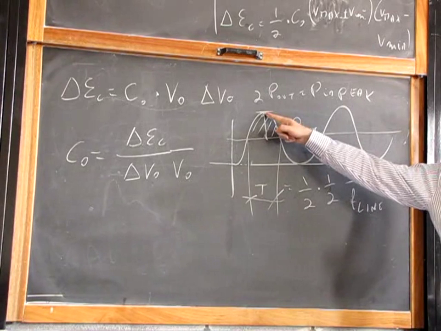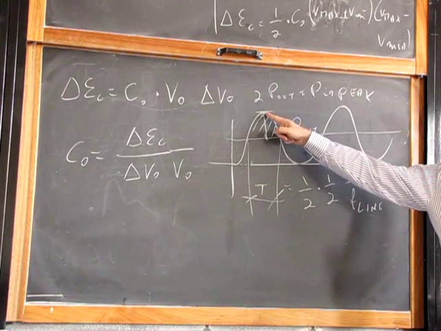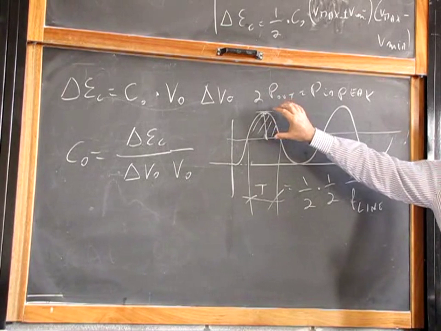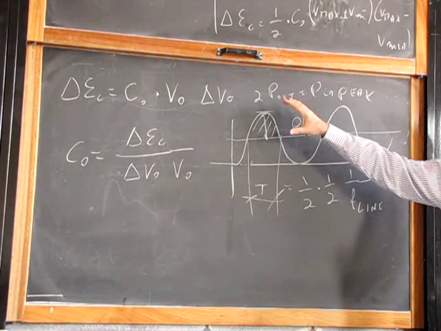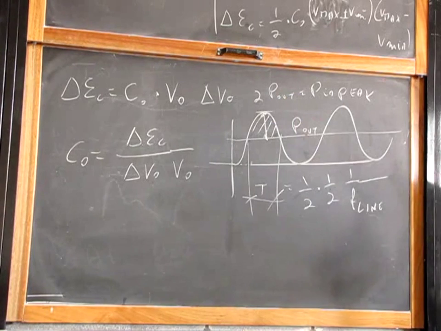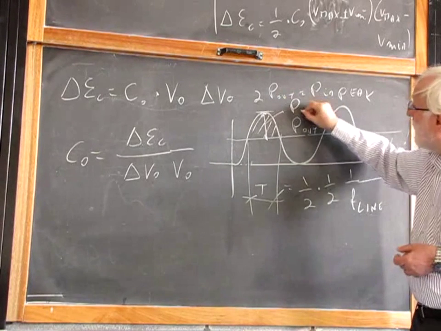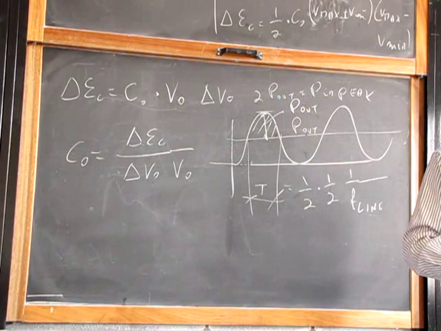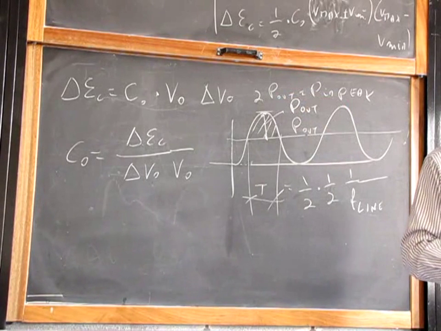This is the P out, twice P out. This is P out, and so this height is just P out. It's the output power. That means my instantaneous input power goes from twice as much what I needed to 0.